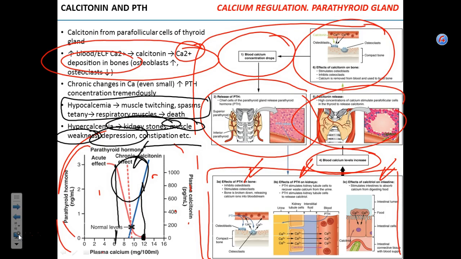And for PTH, I will ask you about the mechanisms. On the level of osteoclast activation, decreased renal excretion, or increased renal reabsorption. Pretty much, you can say less calcium goes away with urine. And in the intestines, increased calcium absorption from food. But for this, you need vitamin D.